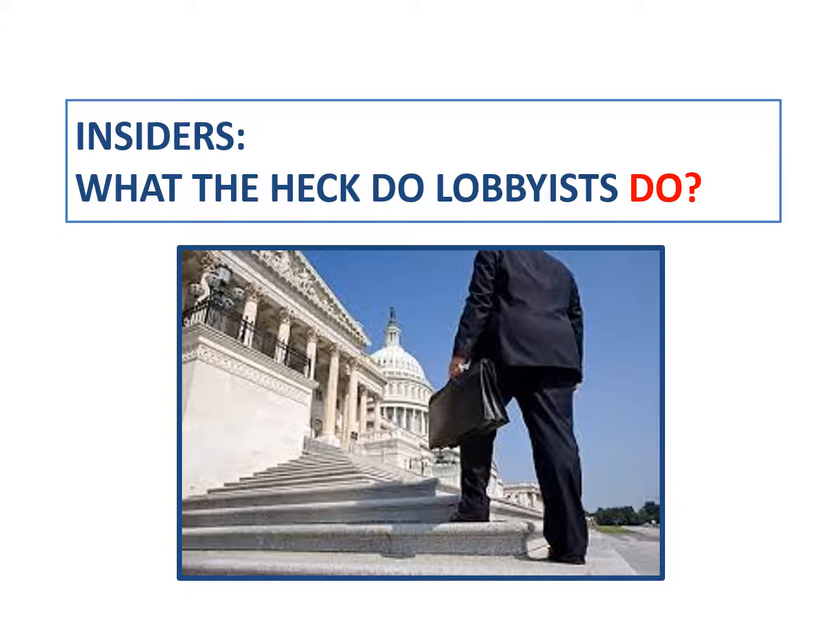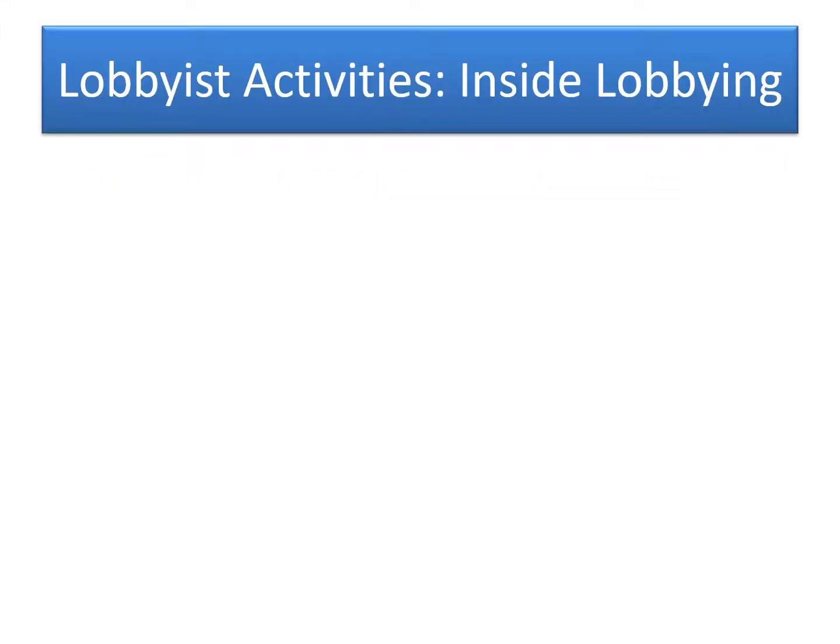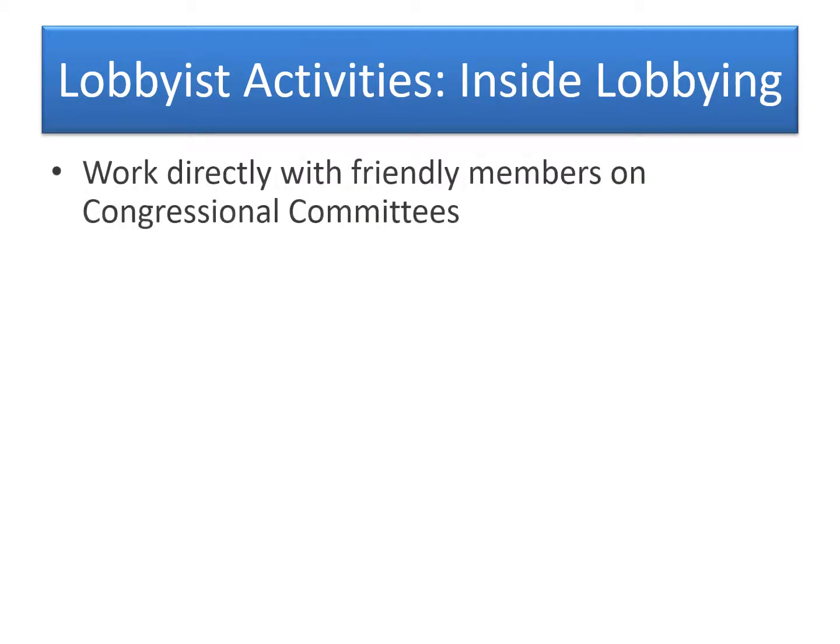Well, they wear nice clothes, but they mostly go to the White House or other agencies of the government or to Congress or to state legislatures or the governor's office in order to try to do work that will influence the outcome of laws. So let's look at what we mean by inside lobbying, because there are a lot of different activities. And some people also have misimpressions of what lobbying actually is.